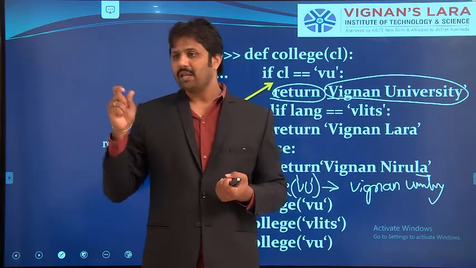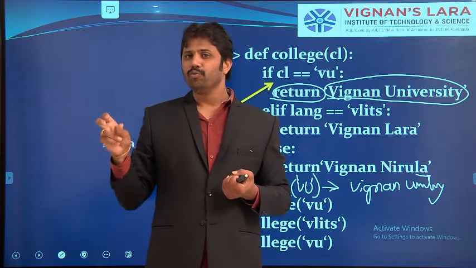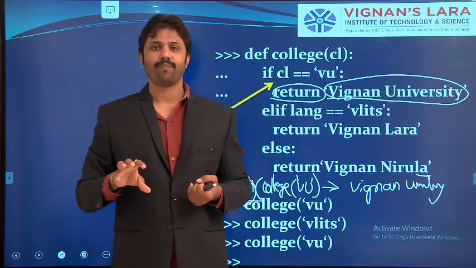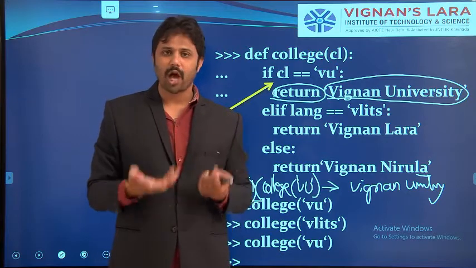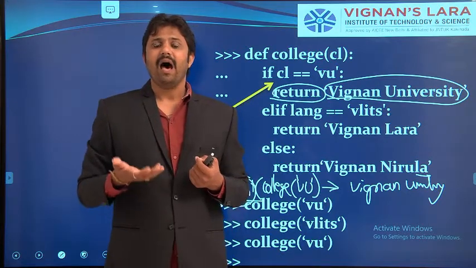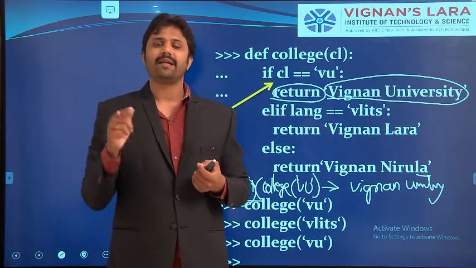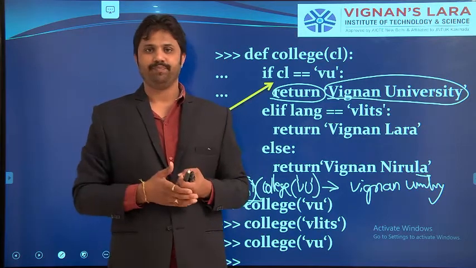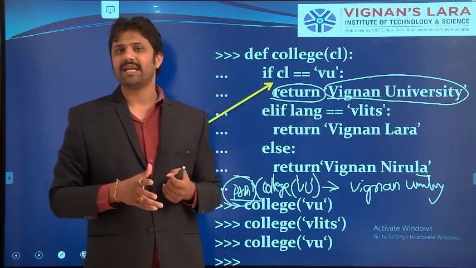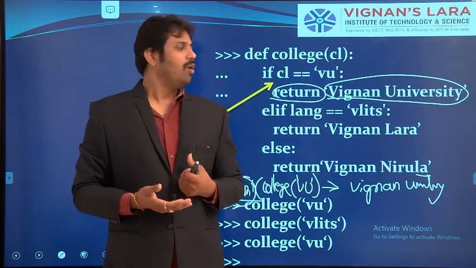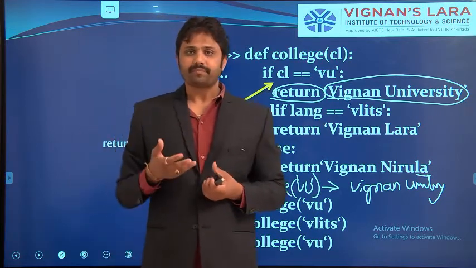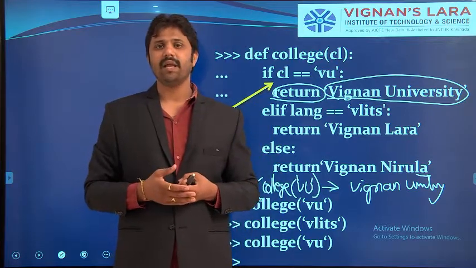That means the variables we use in the function definition. Next, we discussed the arguments. What is an argument? Arguments are the values we pass at the time of the function call. Next, we discussed the return statement. What is a return statement? These are all the things we discussed in these concepts.